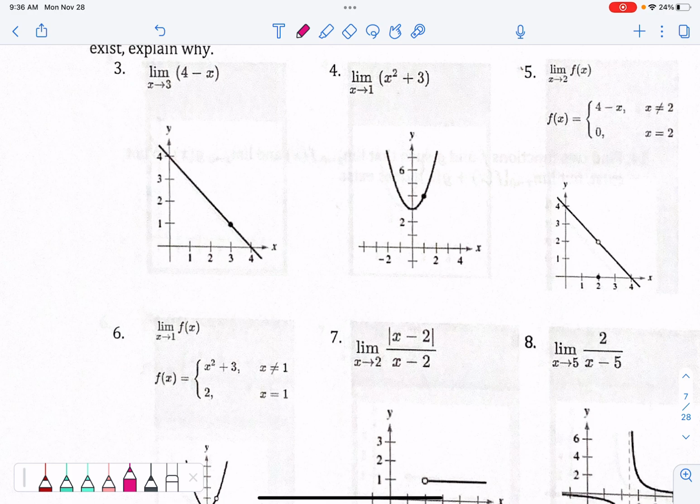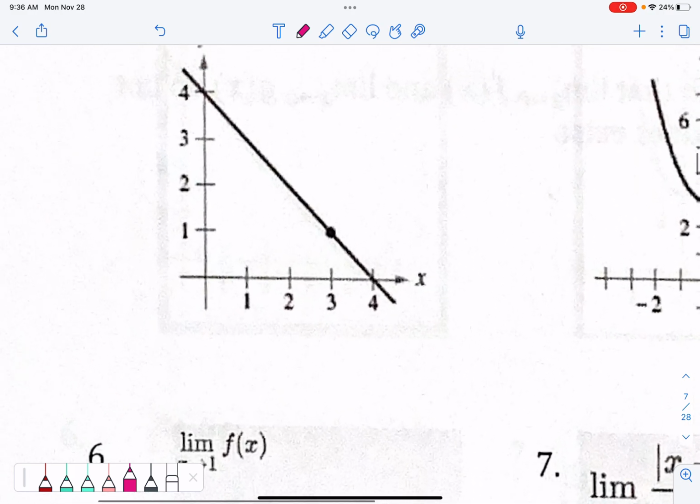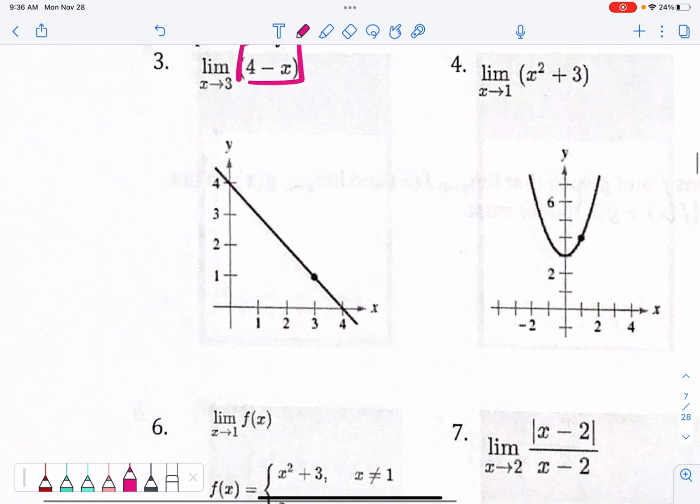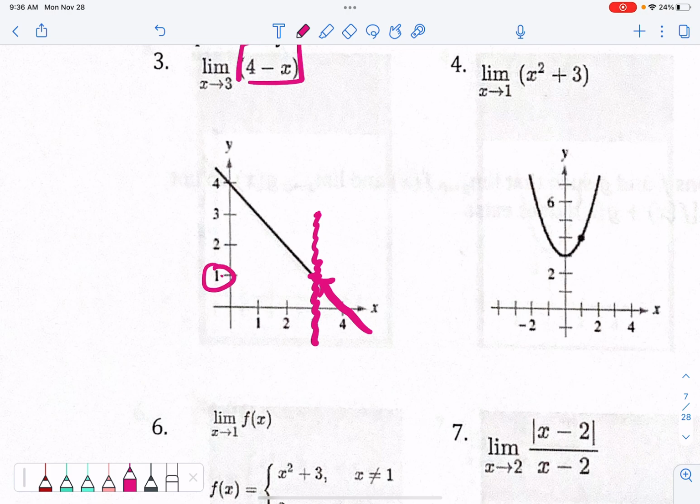Like number 3, we have this function, which is a linear function, which means there are no holes or vertical asymptotes or anything. So here's my x-coordinate of 3, and coming in on the right side, this is telling me that this y-coordinate should be 1. Coming in on the left side, this is telling me this y-coordinate should also be 1, right? So I'm going to guess that the limit is going to be 1.